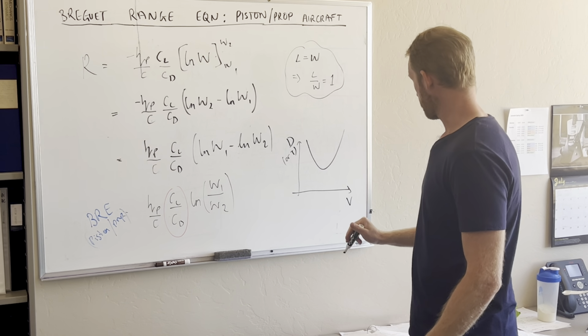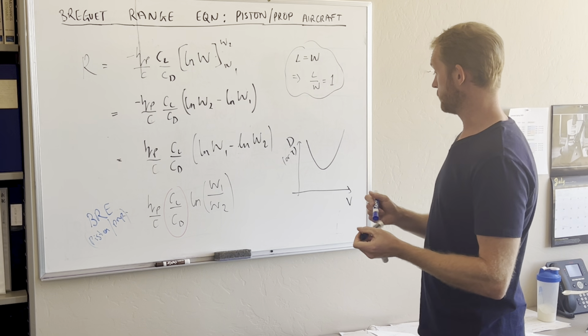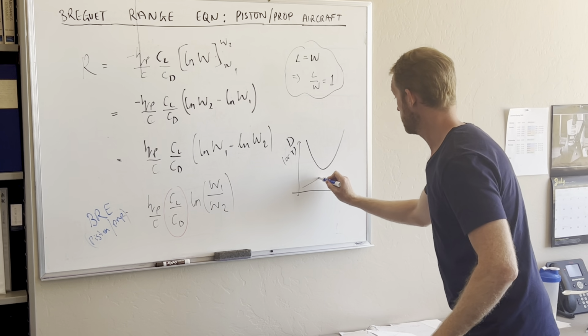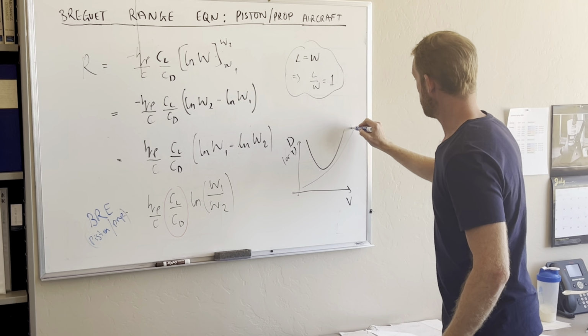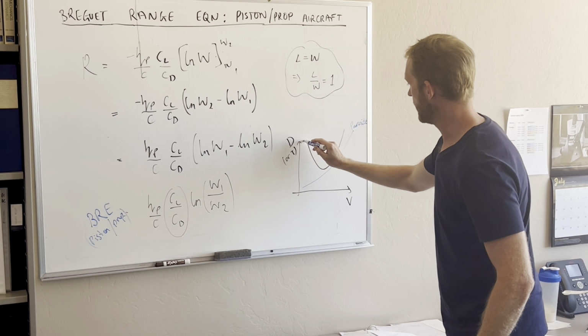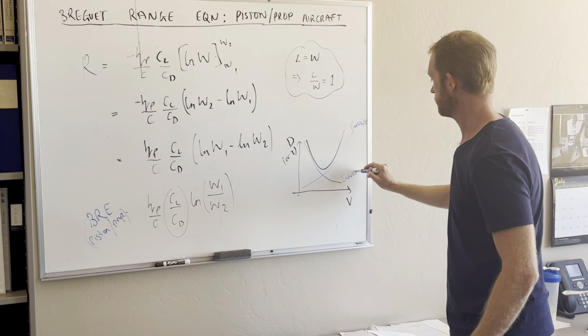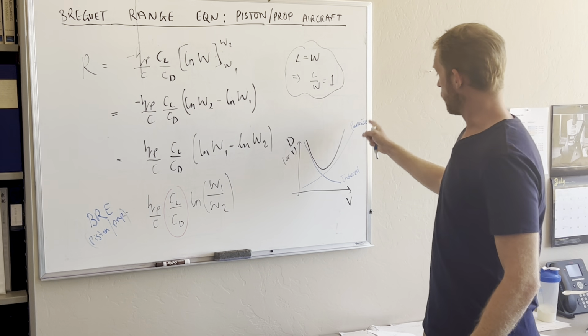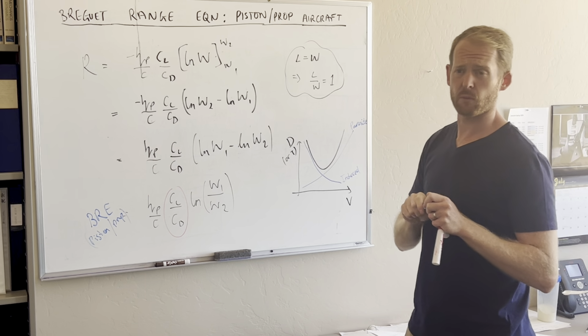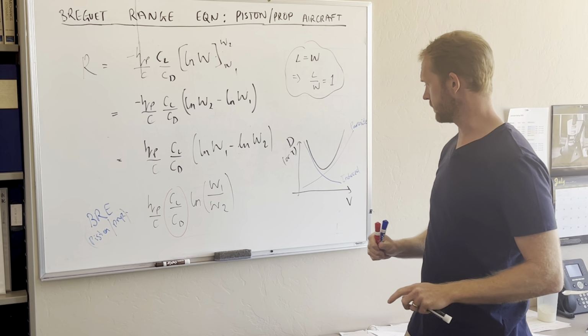And if we separate the two components of drag into parasite drag and induced drag, one of these is a function of V squared, one of them is a function of 1 over V squared. As I said, probably we'll do this in another video.